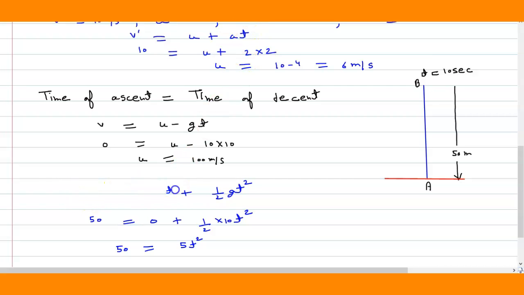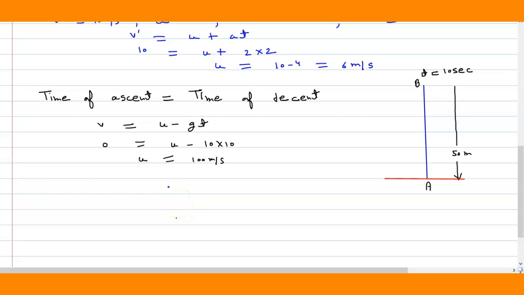But we don't use this method, because the object is thrown from the ground. It is not a drop from a height. The object is thrown from the ground.